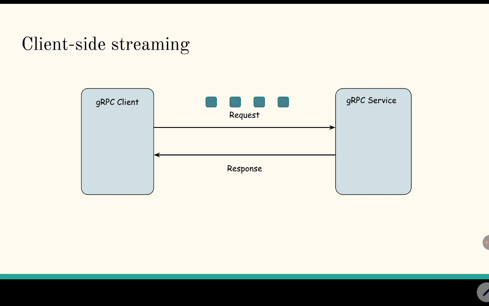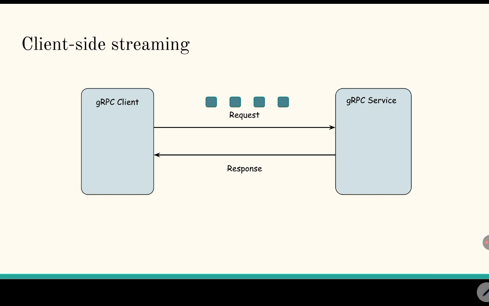Client side streaming is the opposite of server side streaming, meaning you will be sending information from the client to the service in chunks, or multiple messages basically. And as soon as the first message comes, a response might be generated. We don't know that, and that's based on the service logic.